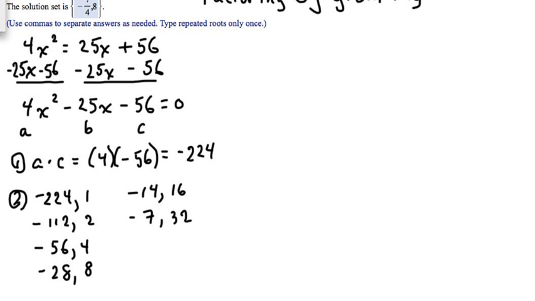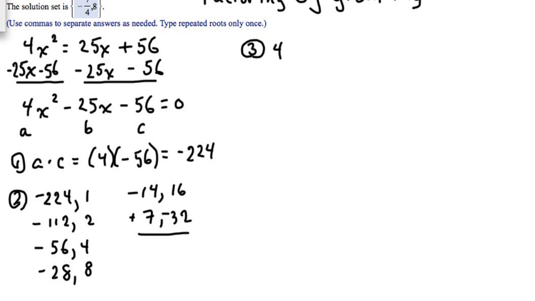Now, negative 7 times positive 32 is negative 224, but remember that we said when we add them together, they have to add up to this middle number, and in order for you to get a negative, the bigger number has to be negative. So this 32 has to be negative, whereas the 7 is going to be positive. Now, negative 32 and positive 7 is negative 25. So these are our two factors. The next thing we're going to do is rewrite this equation.